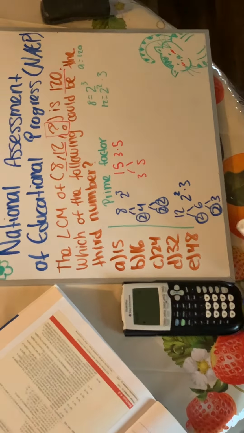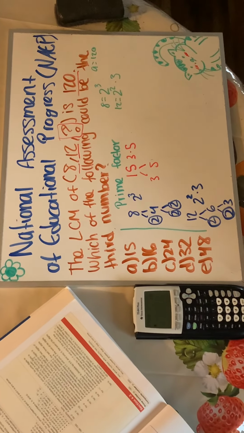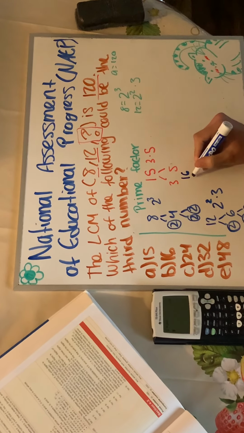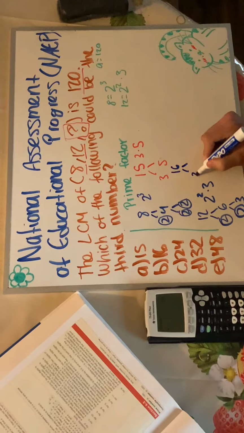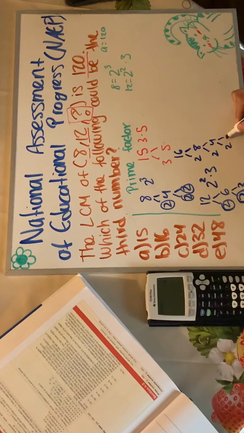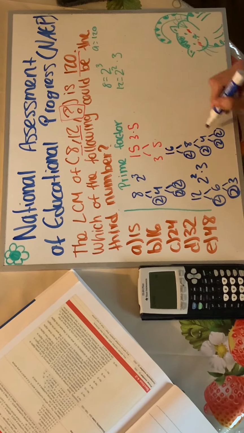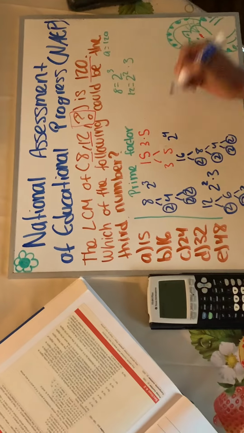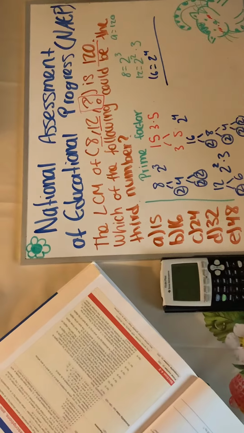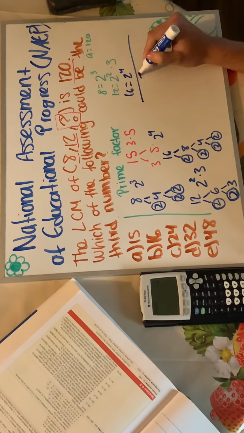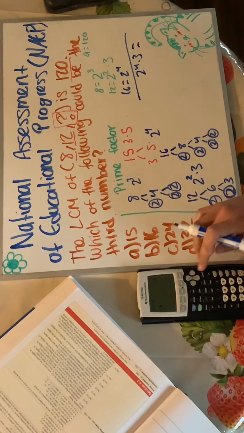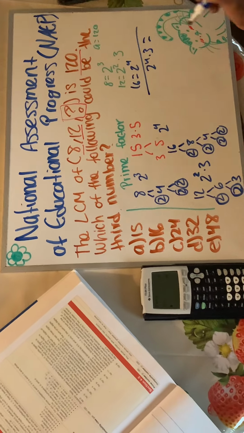Let's just try the other options. 16 is 2 and 8, and 8 is 2 and 4, and 4 is 2 and 2. So that's 2 to the 4. So 16 is 2 to the 4. So that's 2 to the 4 times 3. That's 48.